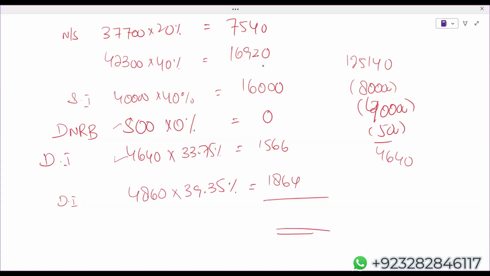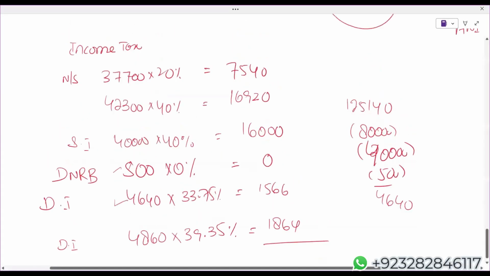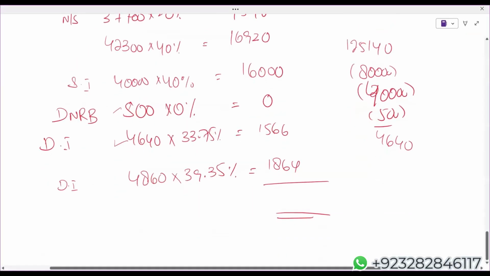So here comes income tax liability without gross PPC. 7540 plus 16920 plus 16,000 plus 1566 plus 1864. Students, I'm getting 43,890. This is when there is no gross PPC.